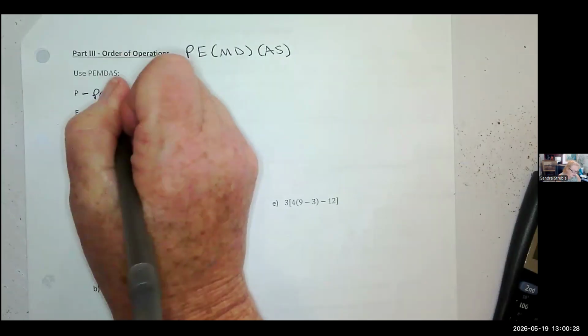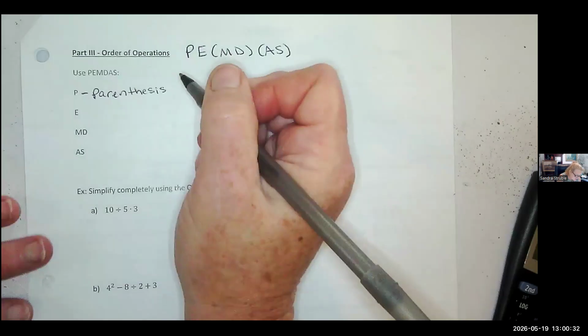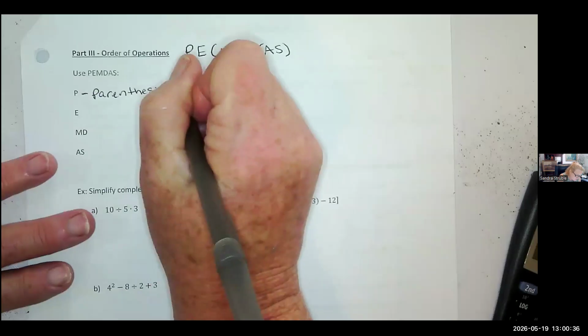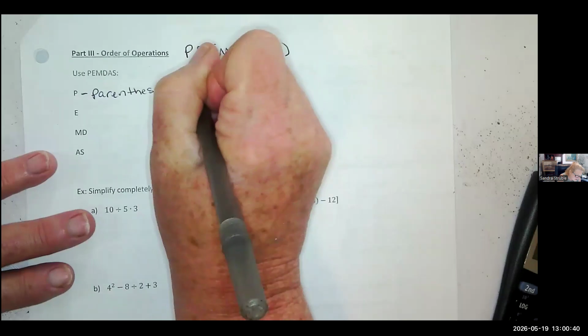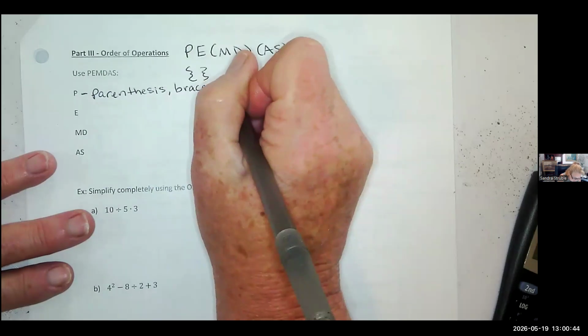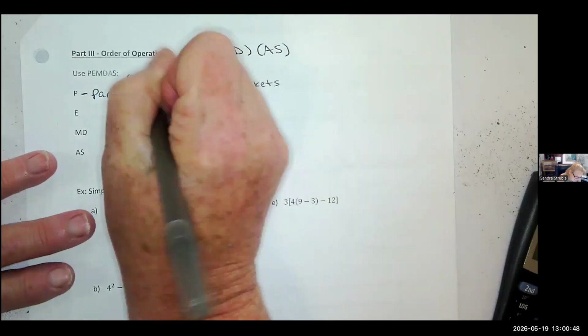I already told you that that can be absolute value, but it's also braces, which are these cute little curly guys, curly braces. There's brackets. So parentheses, braces, brackets, they all mean the same thing.